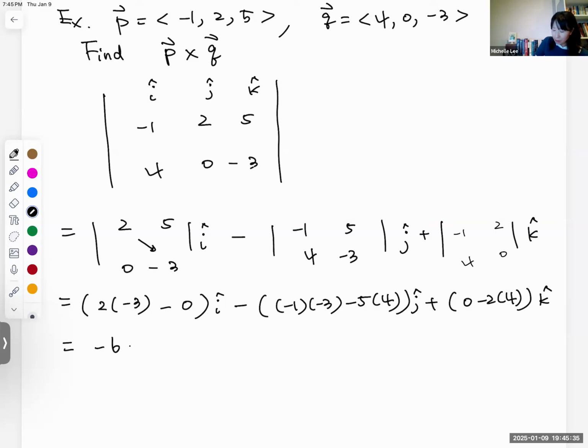We have negative 6i plus 17j minus 8k. Yeah. So we have a vector. Make sense? So we had 2 by 2 determinant, 3 by 3 determinant. We have a number, right?